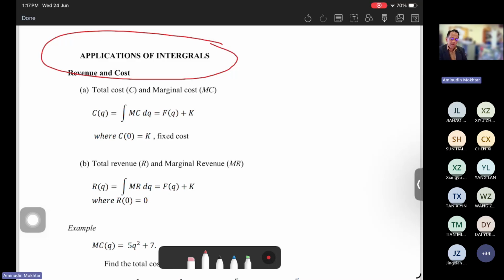For this course, there are two major parts: you need to know the theoretical part and also the application part. The application part will be applied more on economics and business.